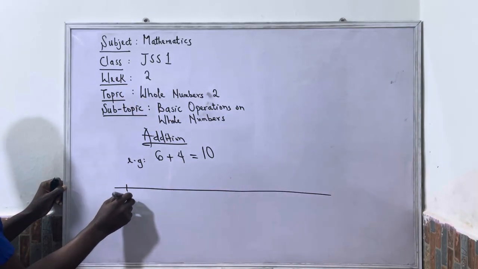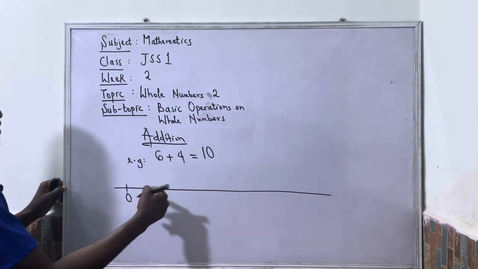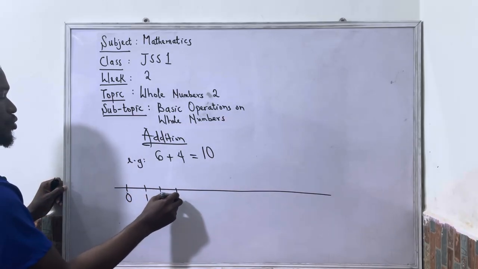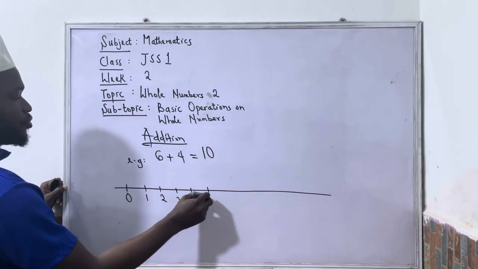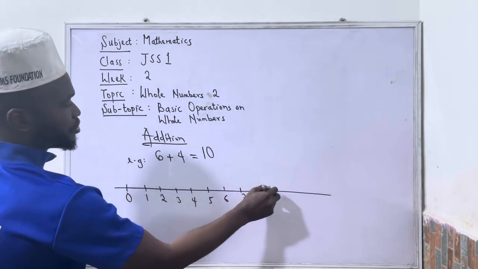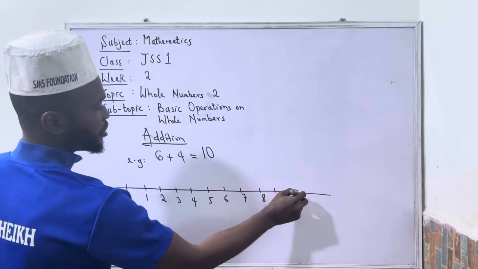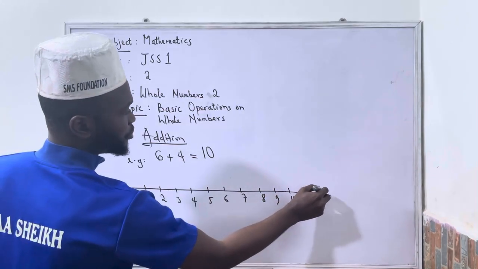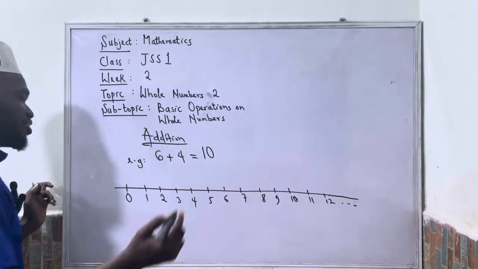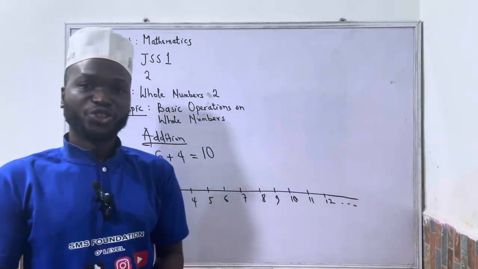Let's put 0 as the first, and continue writing the other points: 1, 2, 3, 4, 5, 6, 7, 8, 9, 10, 11, 12, and this continues like that because you cannot get to the end of whole numbers.